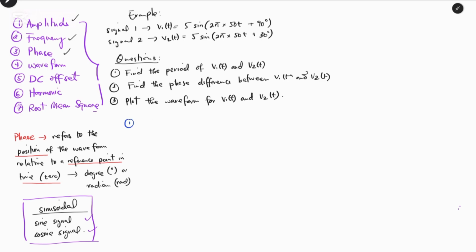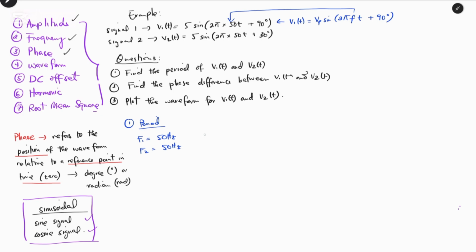For question 1, we find the period. Frequency 1, the frequency of the first signal, is 50 Hertz. That's from V1(t) equals the amplitude times sine(2π times the frequency times the time plus 90 degrees). And F2 is also 50 Hertz, so they have the same frequency.